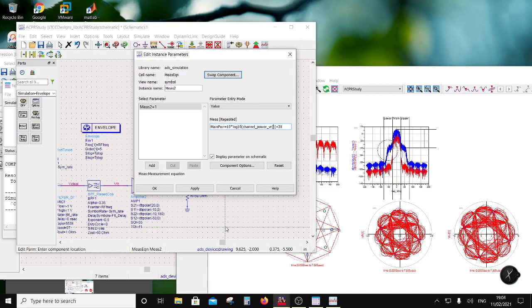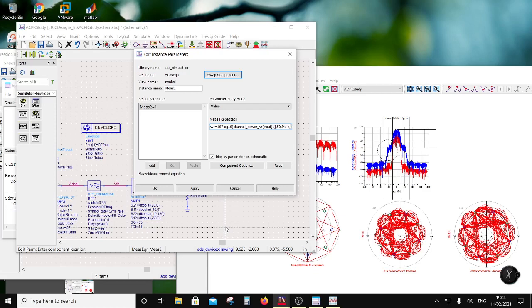In channel power VR, I have to specify what voltage, so that is V out, V out fundamental, right? I'm looking at this in a 50 ohm system, and I want to measure it in an aggregate, which is main. This is your bandwidth.